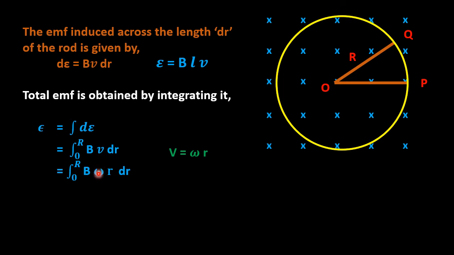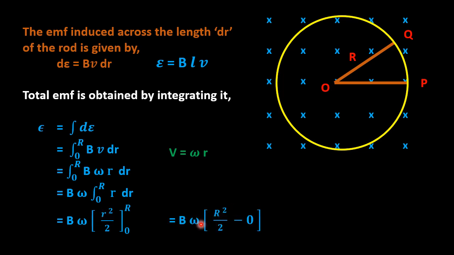This B and omega are constants. They can be taken out of the integration: B omega integration from 0 to R of r dr. This integration of r dr will be r square by 2, with lower limit 0 and upper limit capital R. So we put first the upper limit, then B omega remains as it is, within brackets.